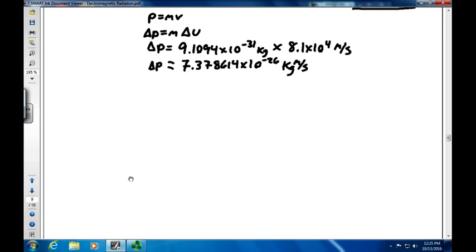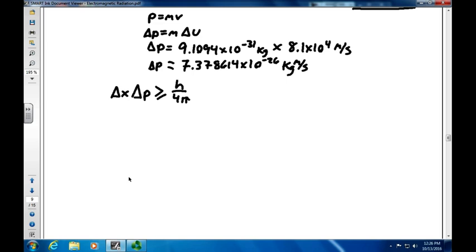So one thing that we know from quantum mechanics, the brief intro that we get, is that our change in position times our change in momentum has to be greater than or equal to Planck's constant over 4 pi.